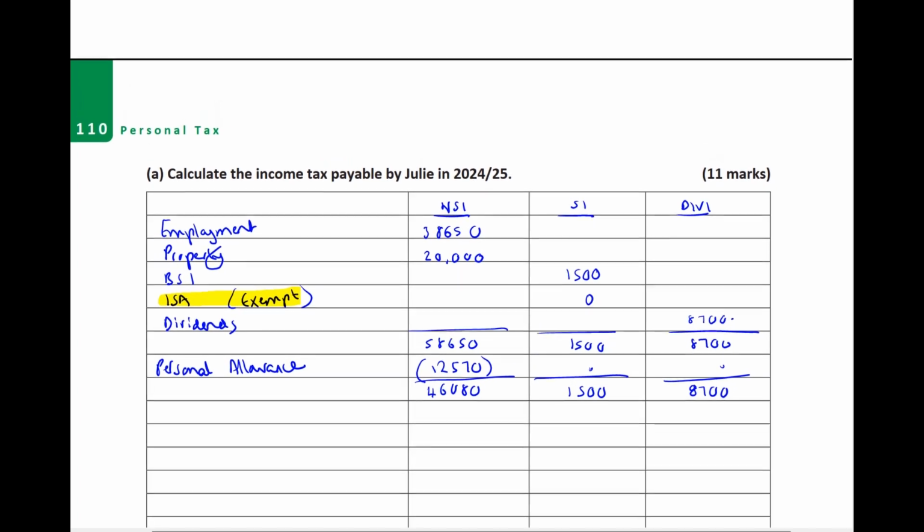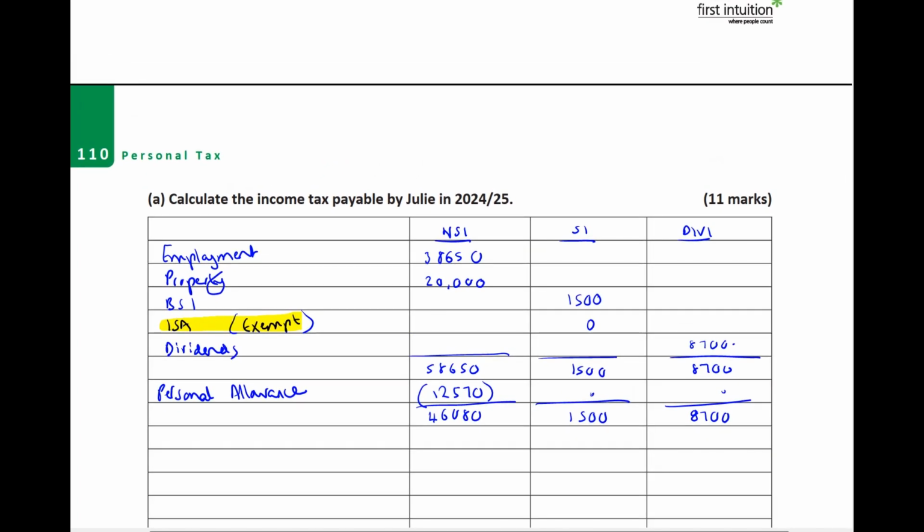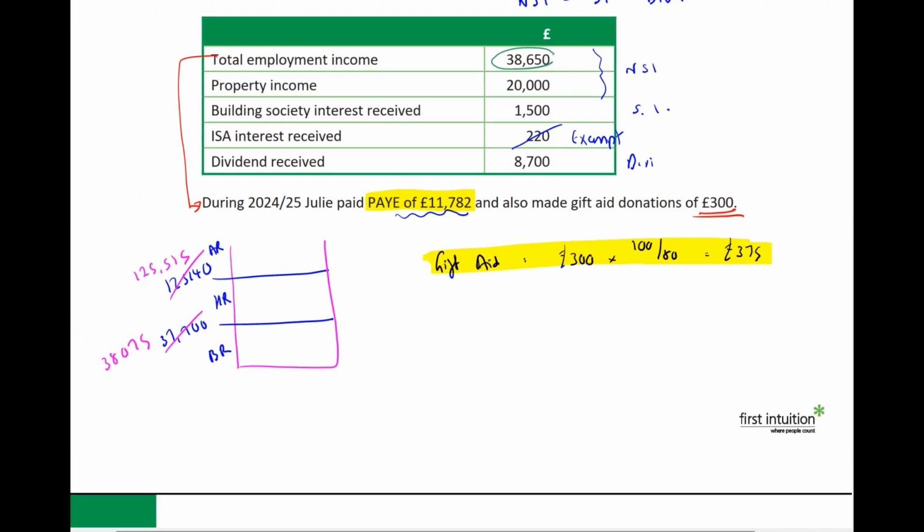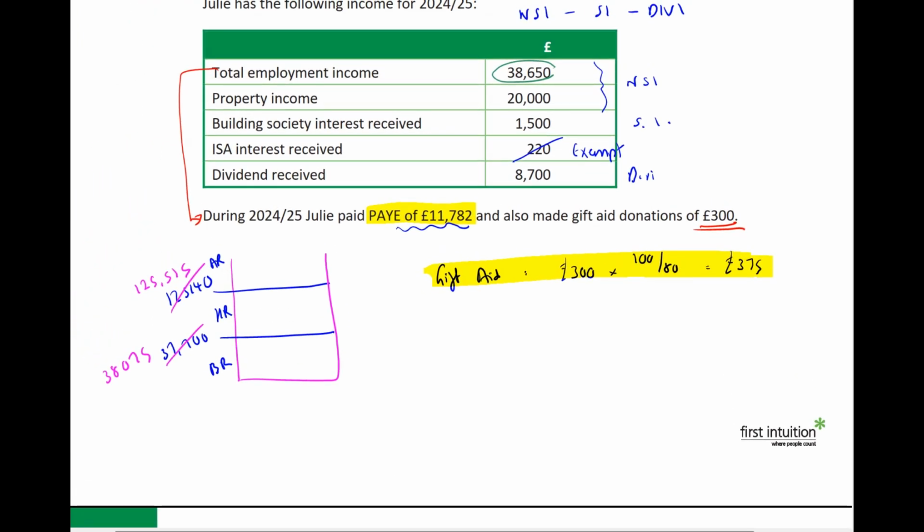So I would now go back to my bucket, because I know my non-savings income is 46,080. So I would look at that and say, right, where does that fit then? £46,080 of non-savings income.